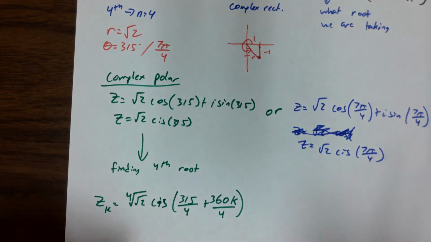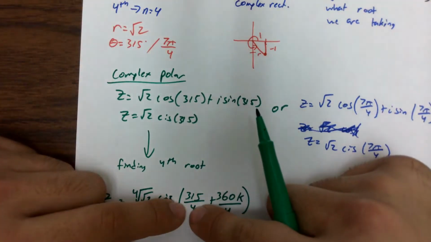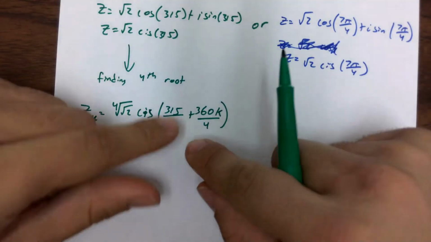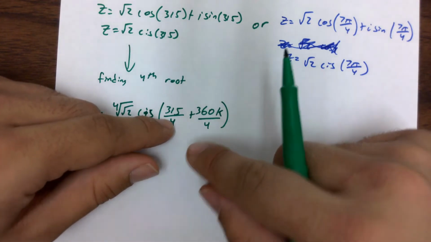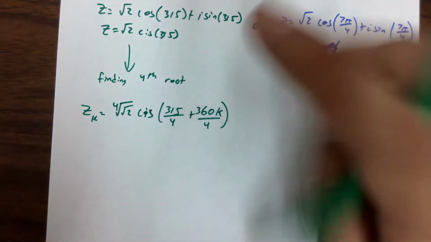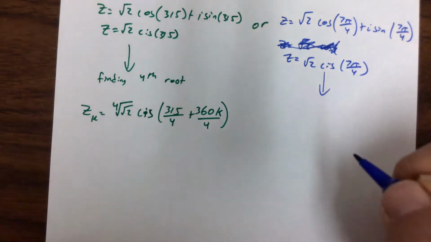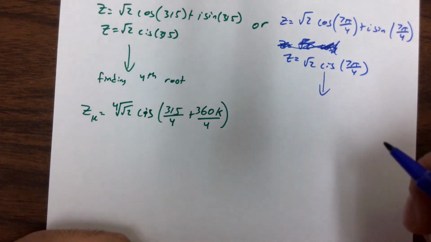Okay. Now here's the thing. 315 over 4 is a pretty messy number. Can't do it with a calculator, and it's not going to simplify. So in reality, using the radian measures might actually be better.